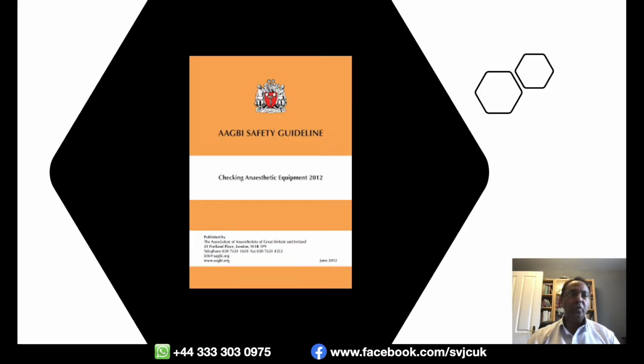I just wanted to show these slides stating that this particular safety guideline is available, which gives information about checking anesthetic equipment, and it is a requirement in the NHS that all anesthetic machines are checked before they are utilized for delivering anesthetic to the patient.